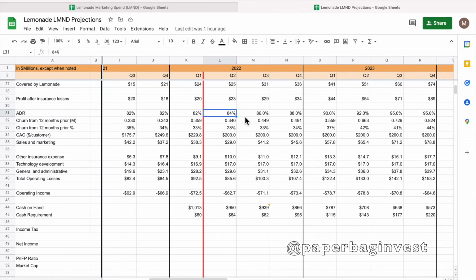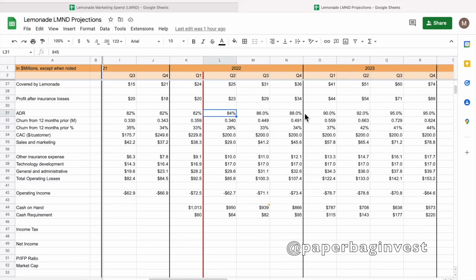Annual dollar retention, I have increasing as Lemonade Car rolls out, because in theory, with a bigger-ticket item like car rolling out, more people are satisfied with the whole ecosystem. They don't choose to change their insurance provider. So the dollars being retained through a cohort, including changes in number of people, changes in premium or number of policies through that cohort, should increase, especially over the next few years.